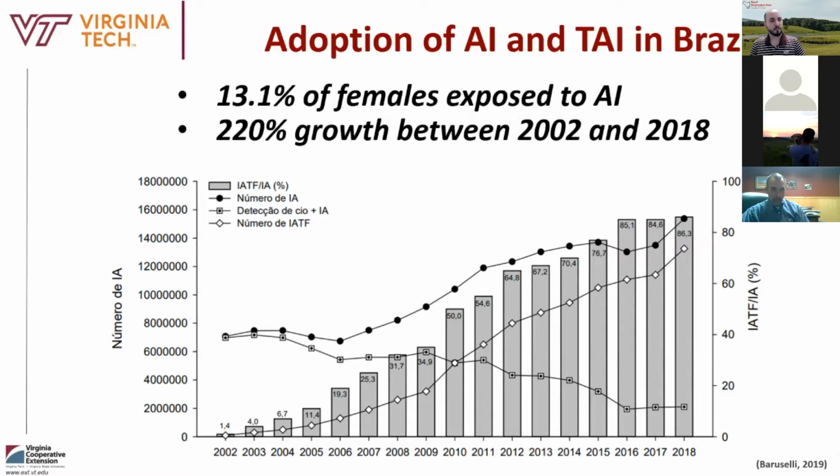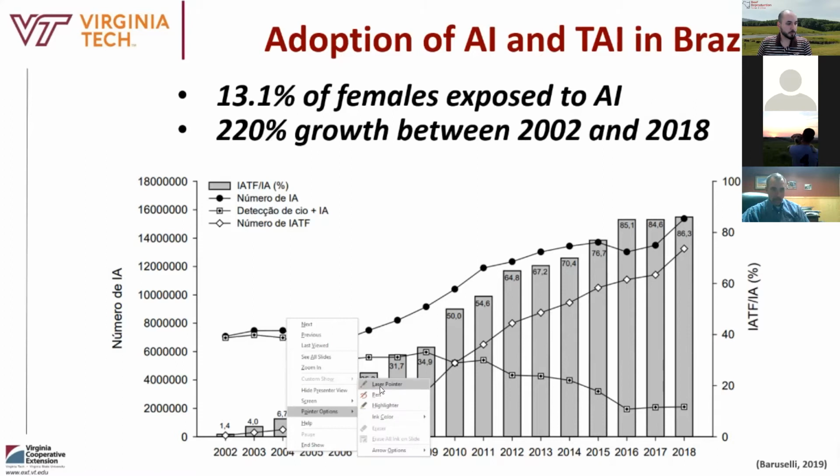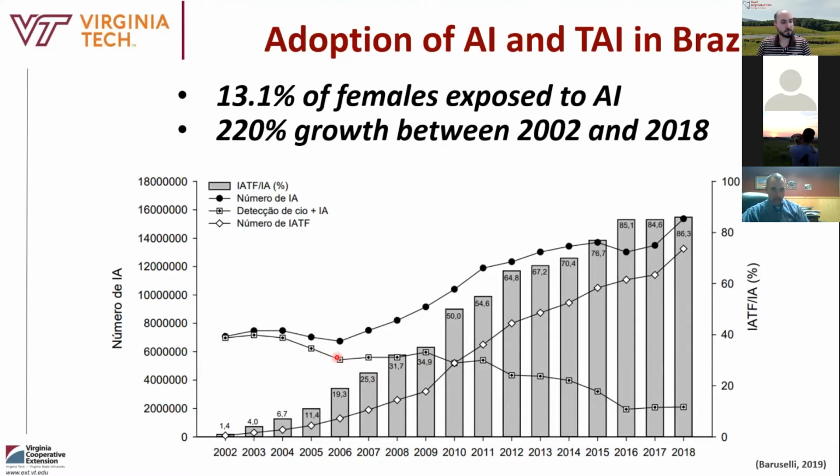And I apologize for the figure in Portuguese, but just to highlight, this is the percentage of cows that are being AI'd with just estrus detection versus the percentage of the cows that are being AI'd with estrus synchronization, right?